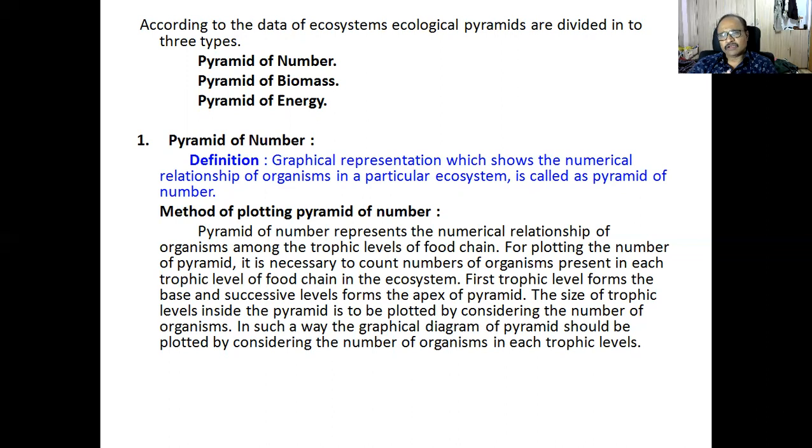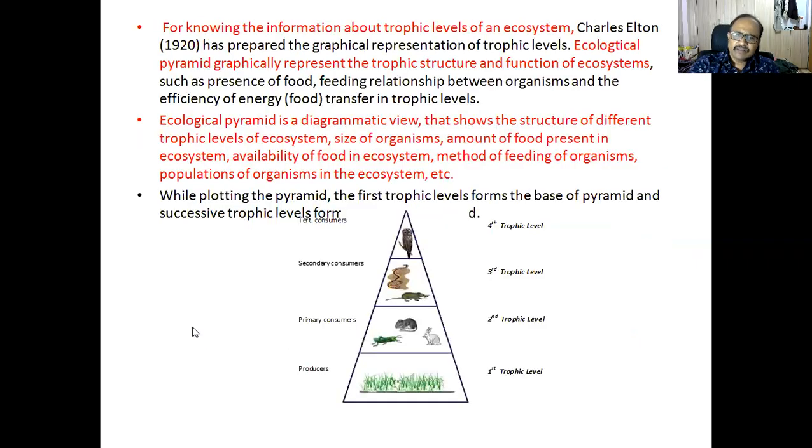Now, during the plotting of this pyramid, the size of boxes of pyramid should be plotted by considering the number of organisms. This size of boxes of pyramid should be plotted according to the size of number of organisms.